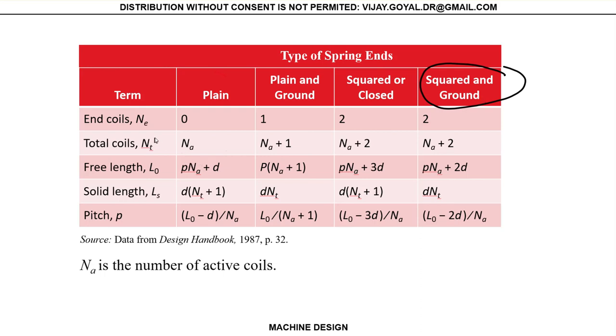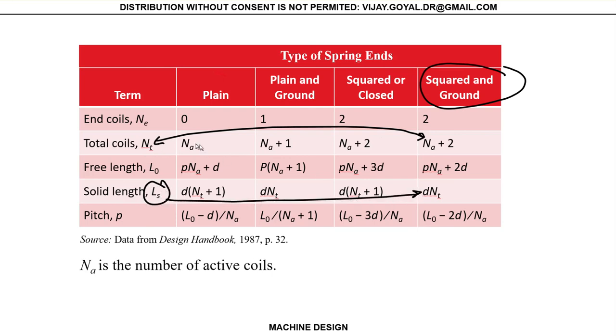If I want the total number of coils, it's given by this. And if I have the total number of coils, you see I can find my solid length. It's given by this. If I wanted to know what my free length is, it is related by this equation. The pitch is given by this equation.